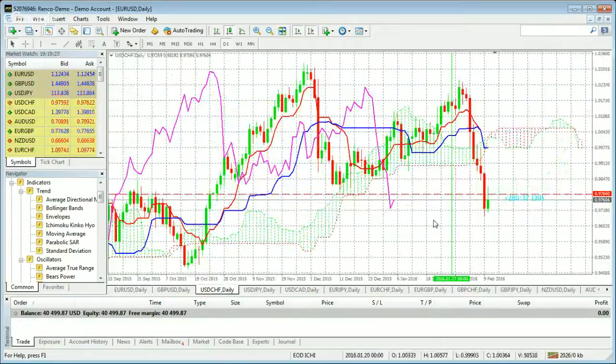Here we are at the US franc. Now with this one, okay, when we looked at it a little while ago, a week ago basically, this was heading down and it looked like we could probably get a bounce coming up, or we could get a break up into the bottom. We weren't sure.